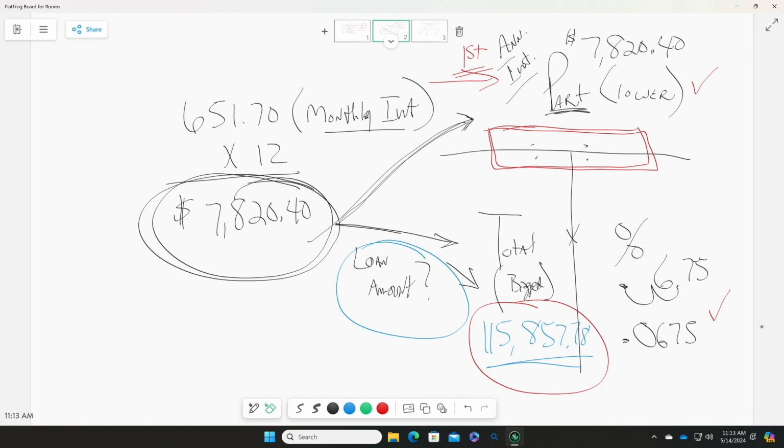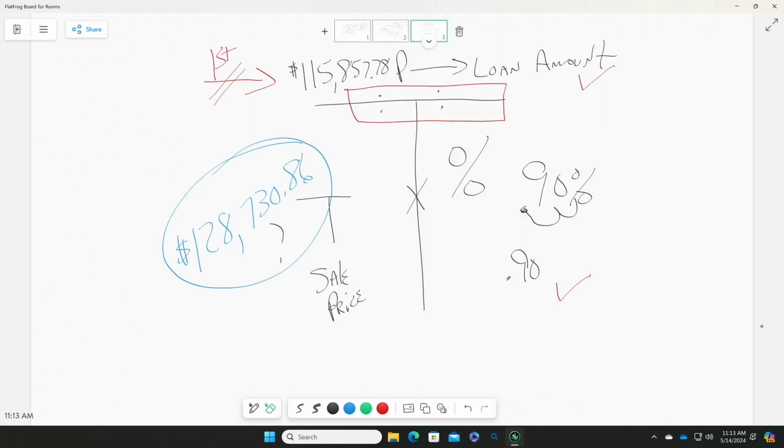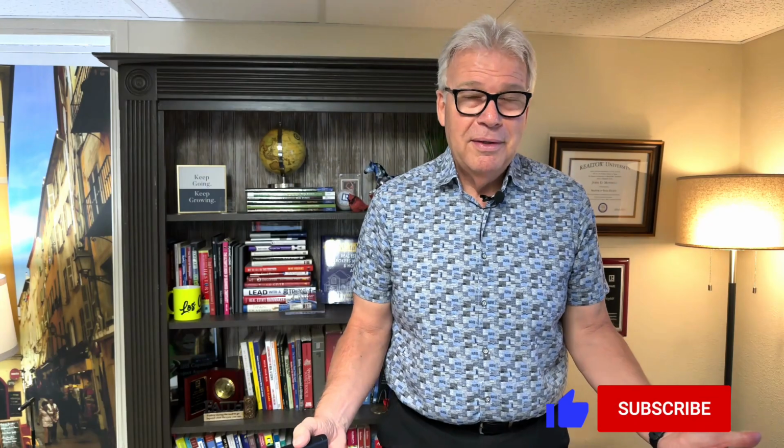And when I divide that by 0.0675, I get 115,857.78. And over here, when I divide 115,857.78 by 0.90, I get $128,730.86. All right, there you go.